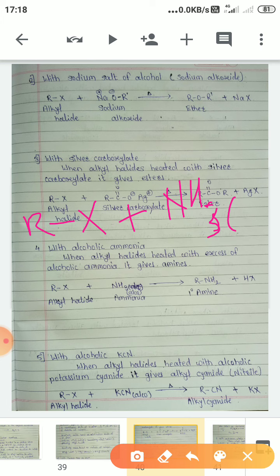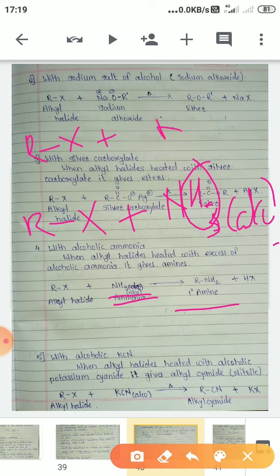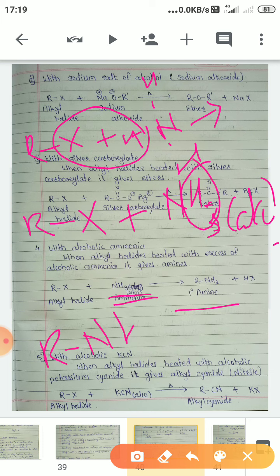Since we use alcoholic ammonia, we mention alc in round brackets as a subscript of NH3. Separate the hydrogen and halogen and attach the alkyl group to NH2, and we get RNH2, the primary amines.